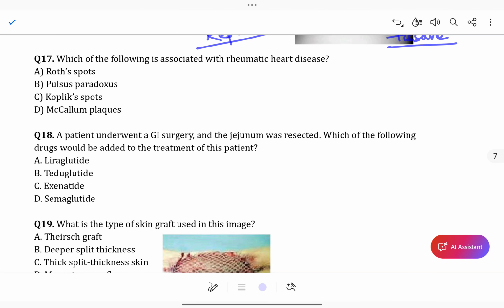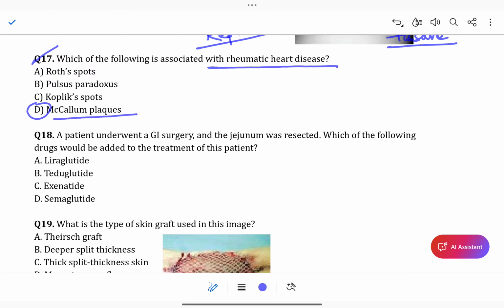Question number 17. Which of the following is associated with rheumatic heart disease? I have already explained in my previous video: McCallum patch. What are McCallum plaques? Rheumatic heart disease describes a group of short-term, that is acute, and long-term chronic heart disorders that occur as a result of acute rheumatic fever. Damage to the heart valves is a common result.